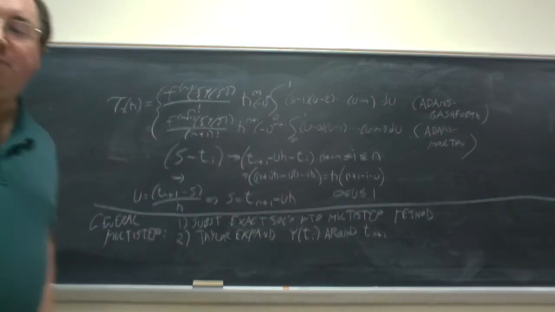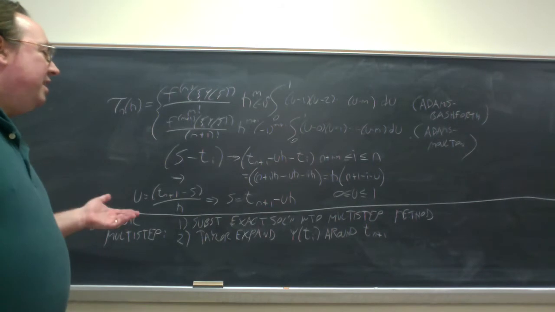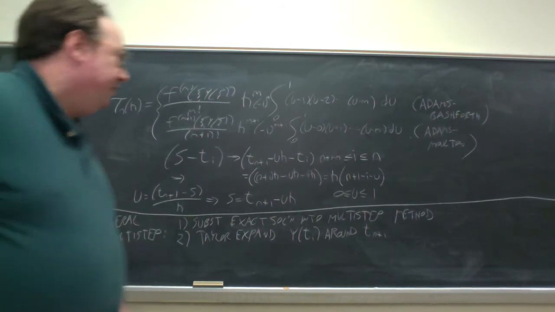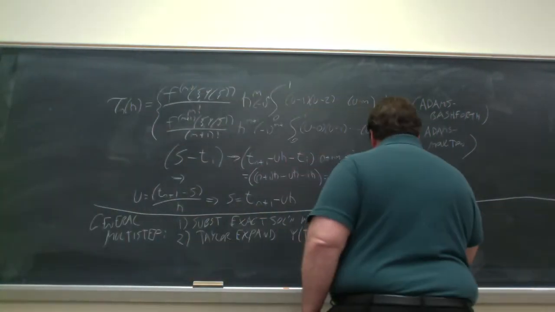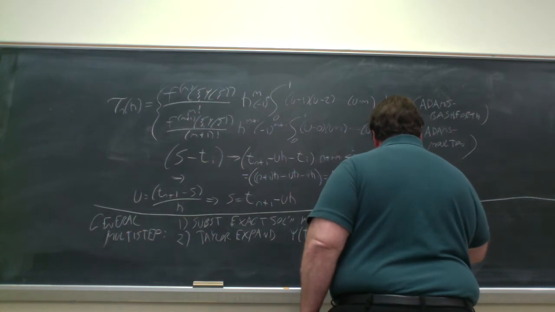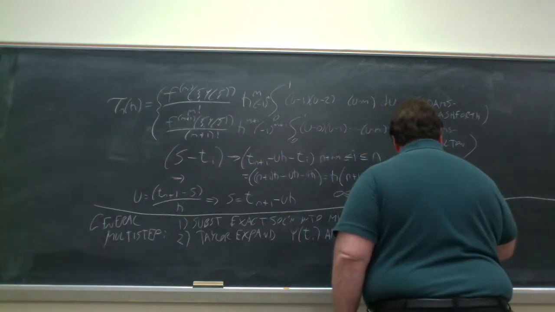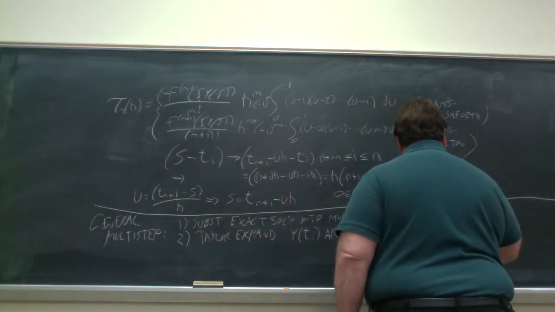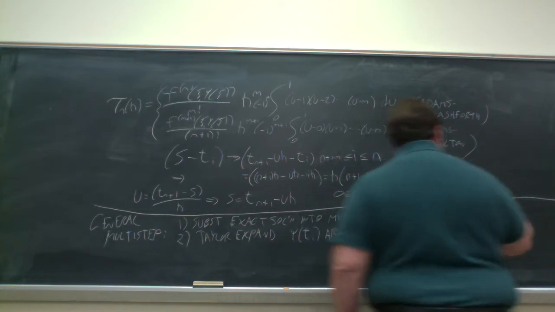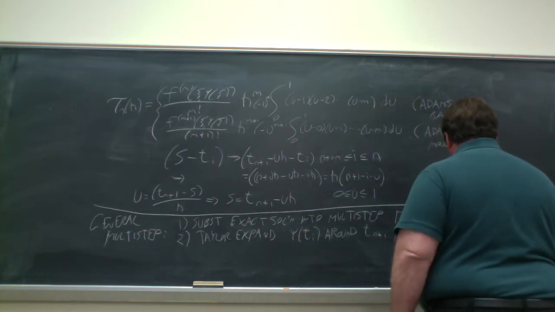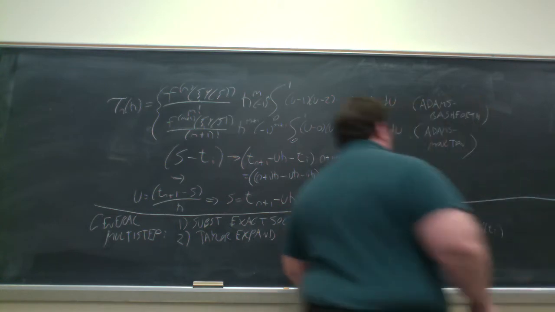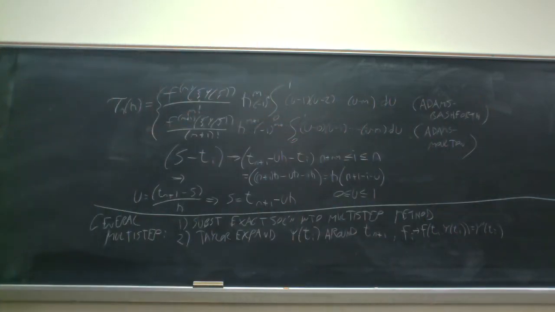Now, in a multi-step method, you have values of y, and you have values of f. The way you handle values of f is that f_i is actually f of t_i, y of t_i, but that is equal to y prime at t_i. So use the fact that y prime is equal to f for the exact solution.